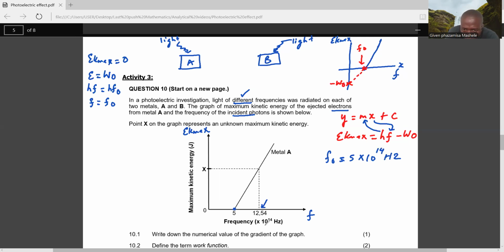So this 12.54 is the frequency of light. You see that electrons will be ejected, because this EK maximum is already bigger than 0. Any frequency of light below 5 will not eject electrons.